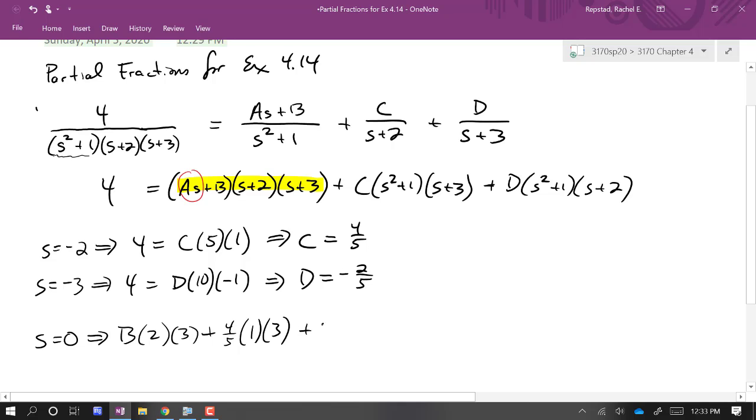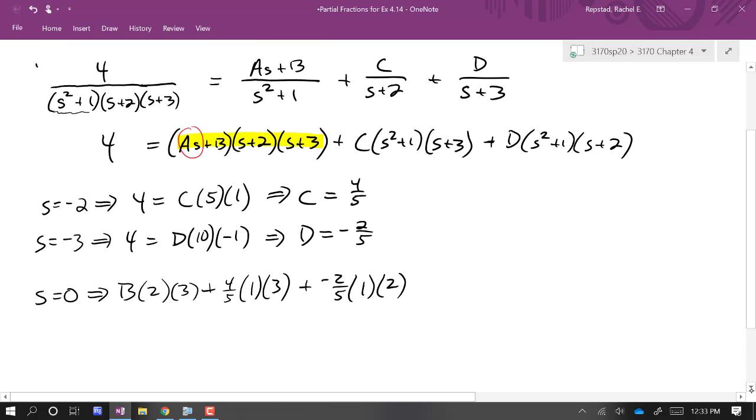We know the value of d is negative 2/5, and if s is 0, that's times 1 times 2. That was the left side, so this was all equal to 4.